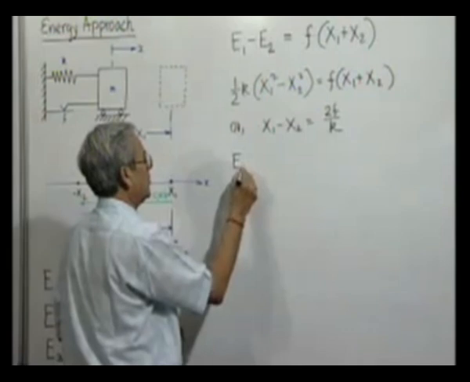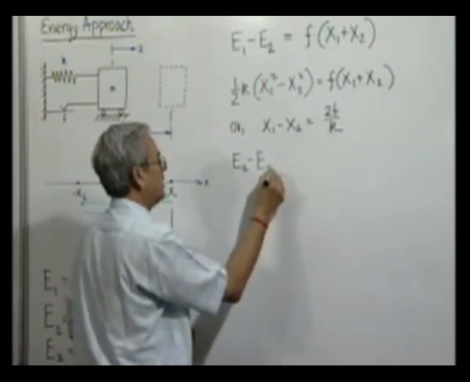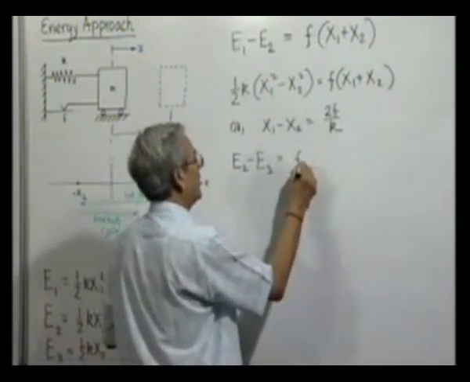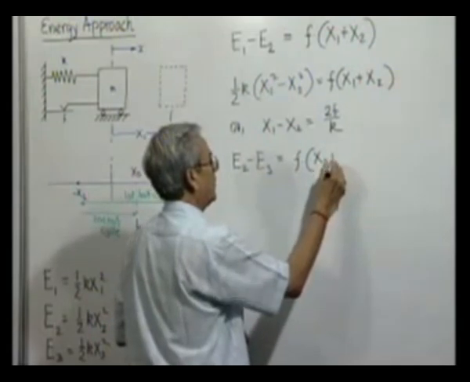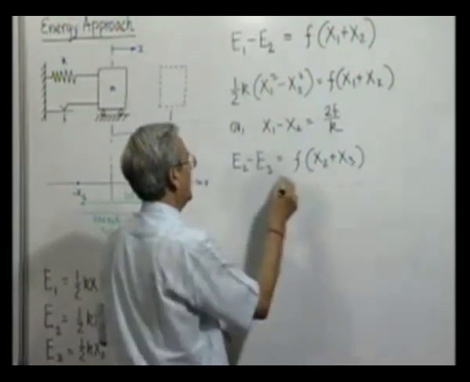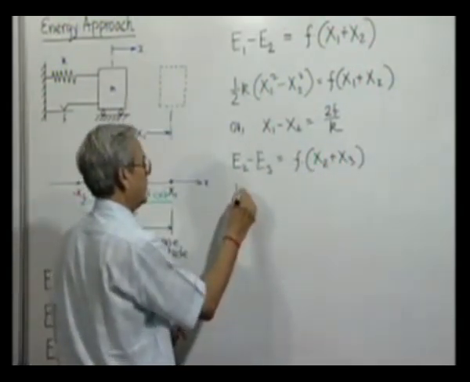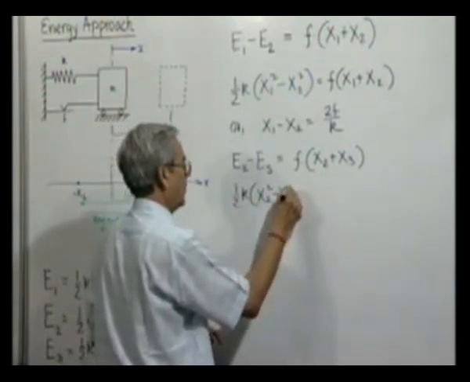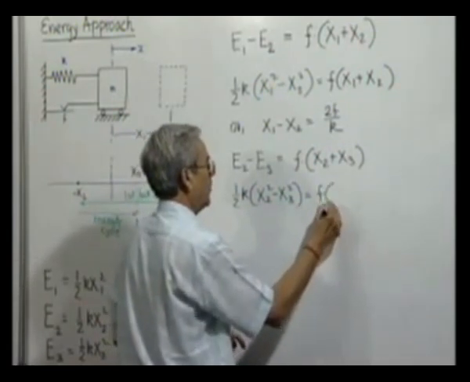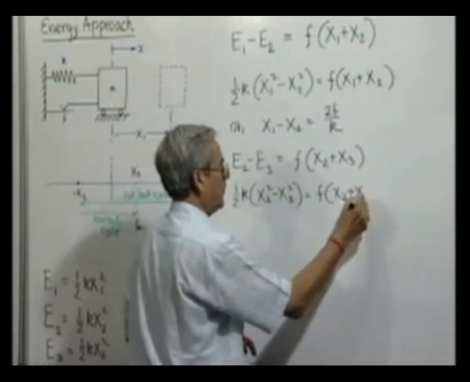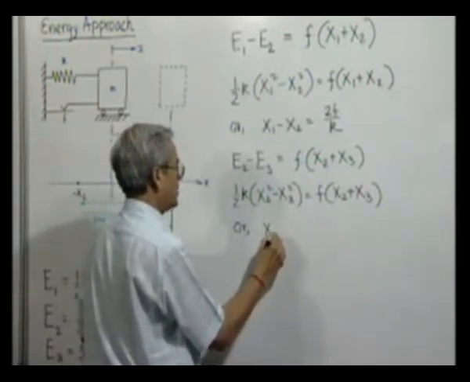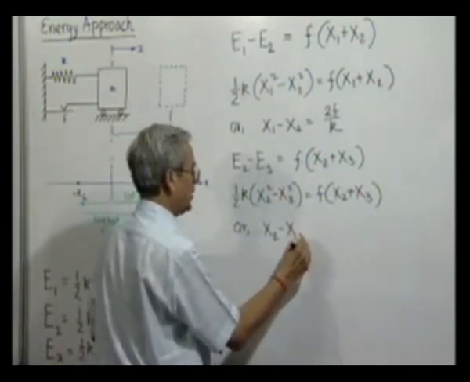So E2 minus E3 is the amount of work lost by friction, which is the friction force into this distance traveled. Substituting, or finally, x2 minus x3.